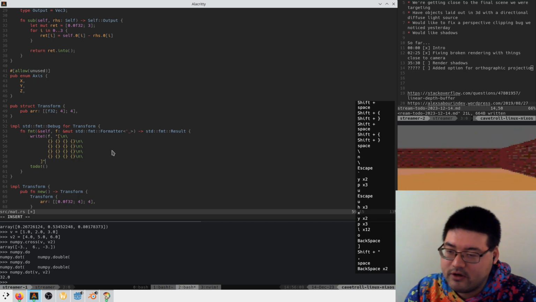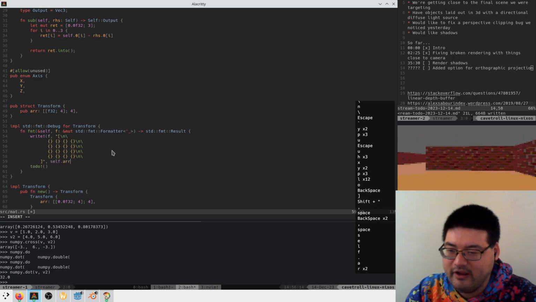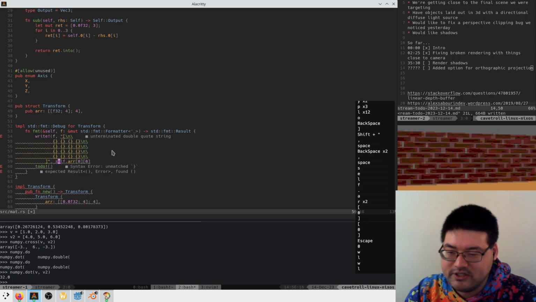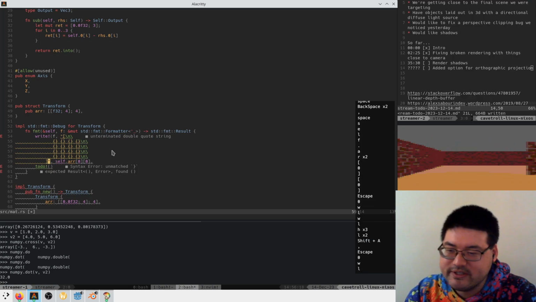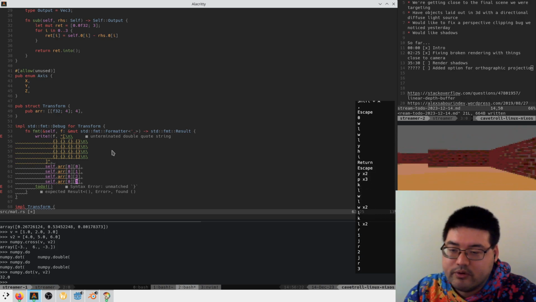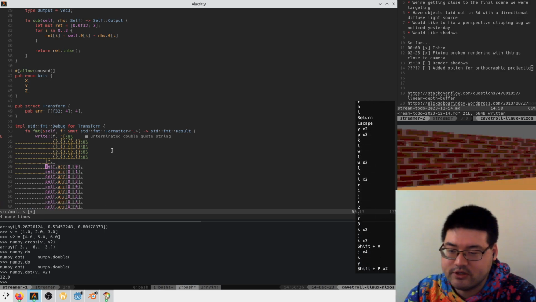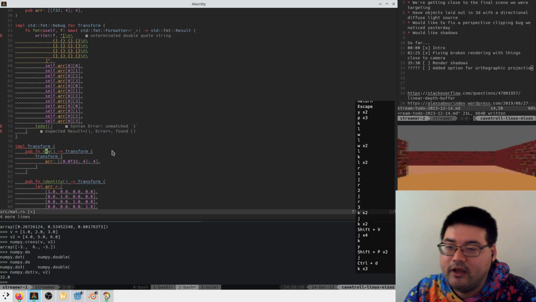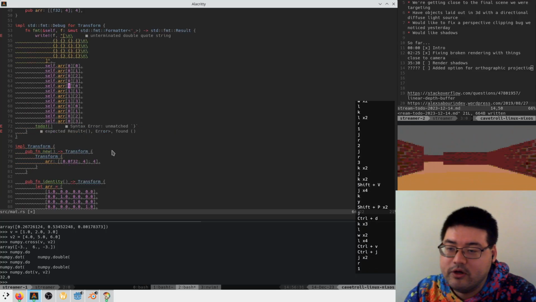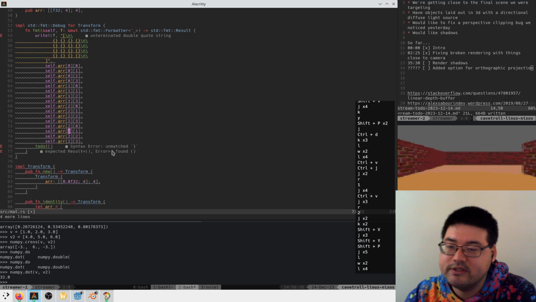And I wonder if there's a nicer way of doing this than doing self.array 0, 0, and just copy pasting this a bunch of times. But probably not. So this is 1, 2, 3. This is row by row, so I think that's correct. Then we just copy paste this a few times, and we replace these with 1s, and these with 2s, and these with 3s.